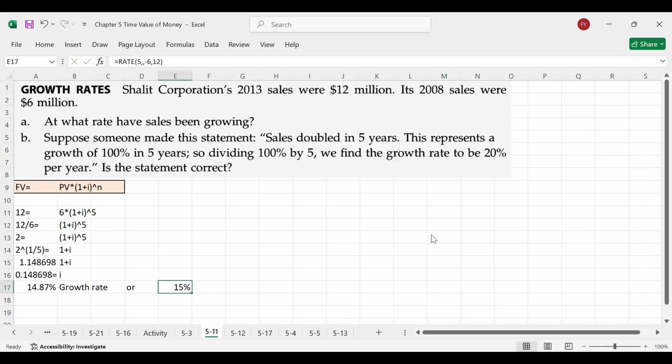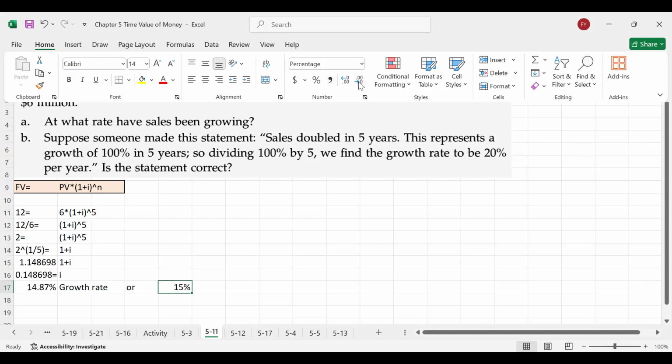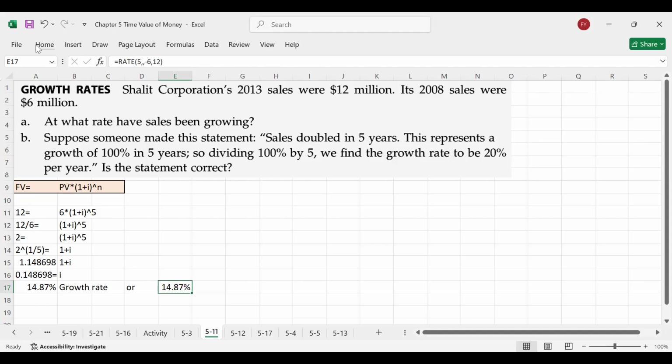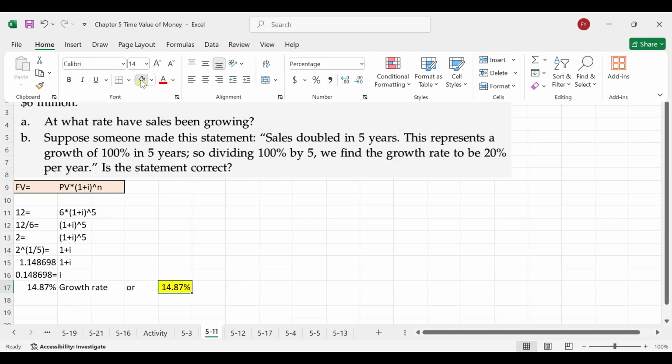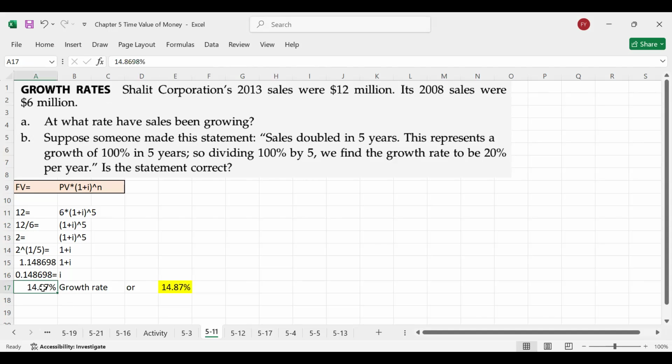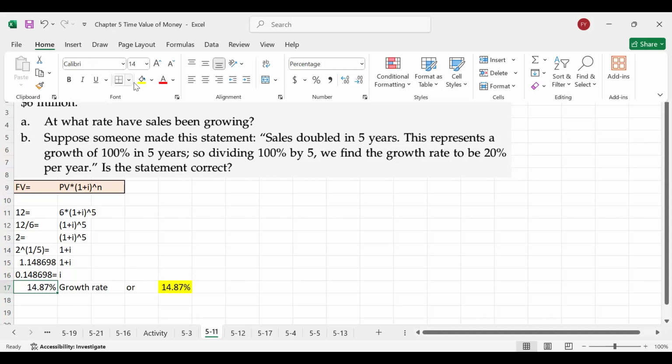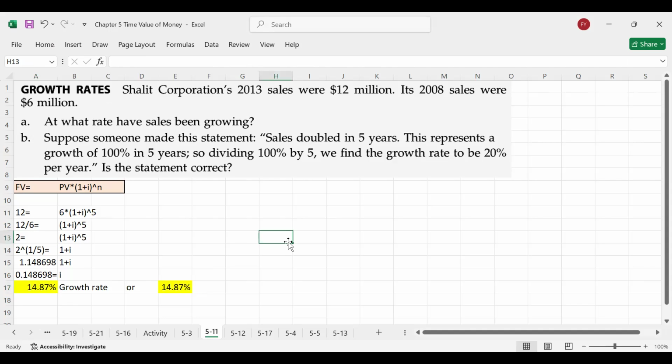So the answer is 15, but we have this in decimals, so you can see the answer is the same here, 14.87. We can do it manually via calculator or with Excel formulas. So this is problem number 5-11.